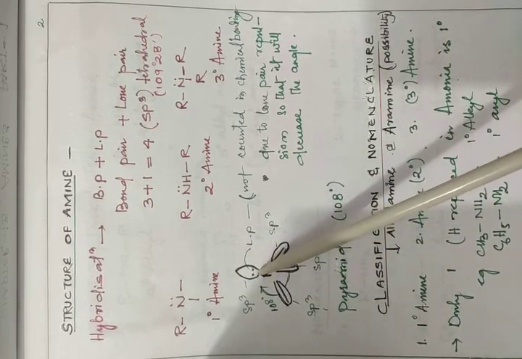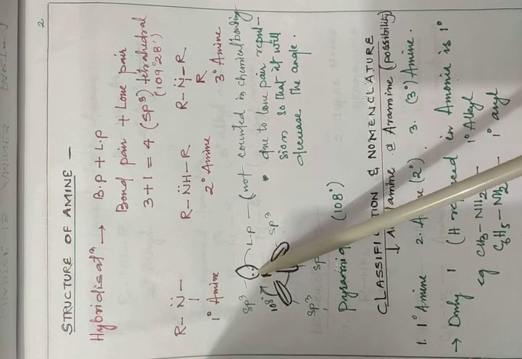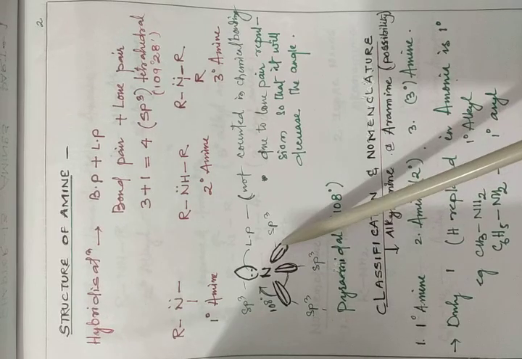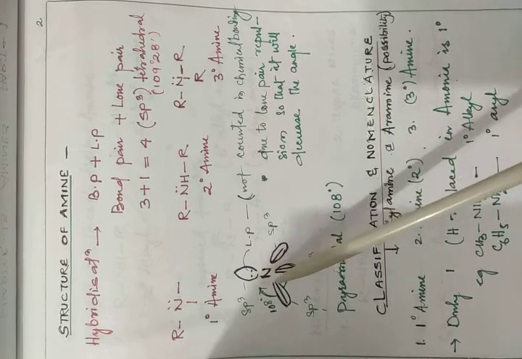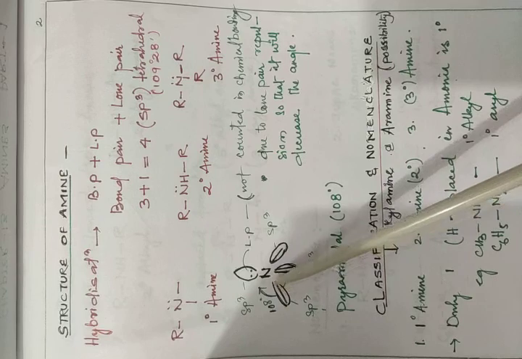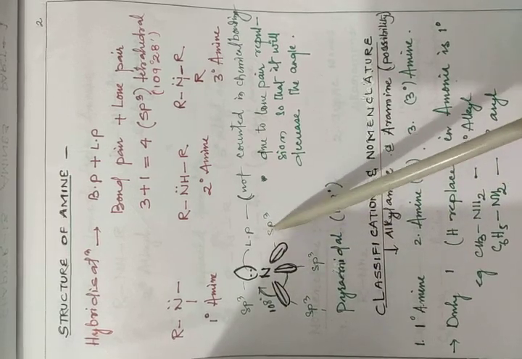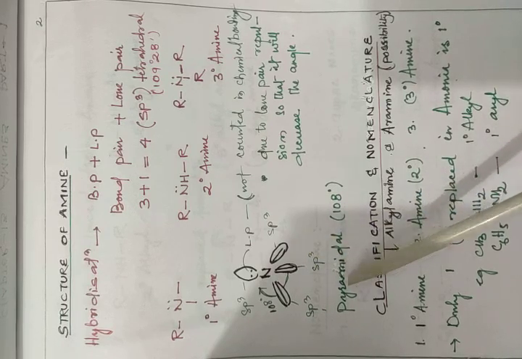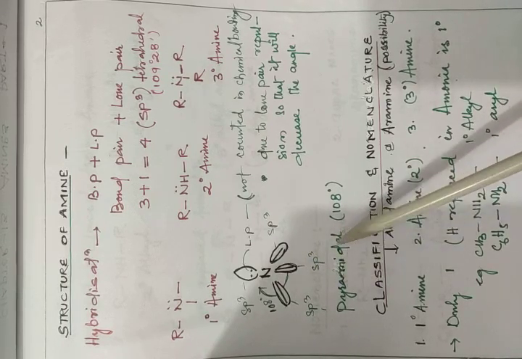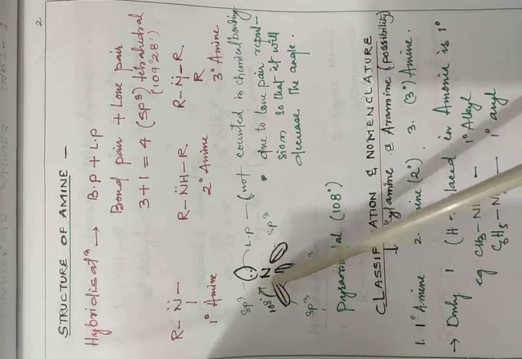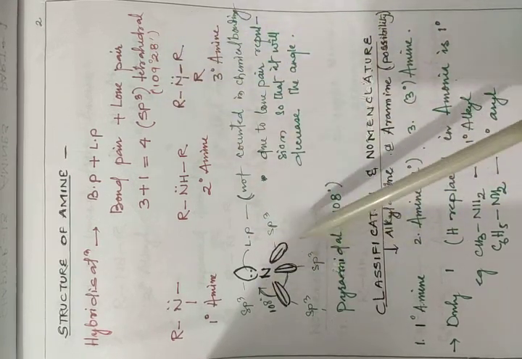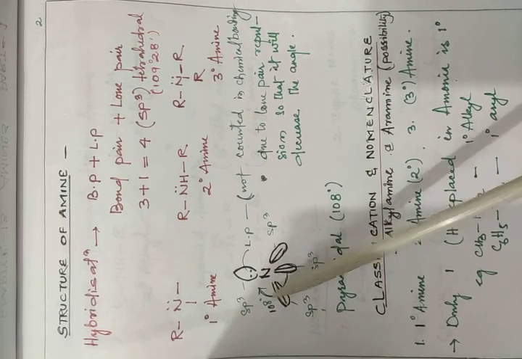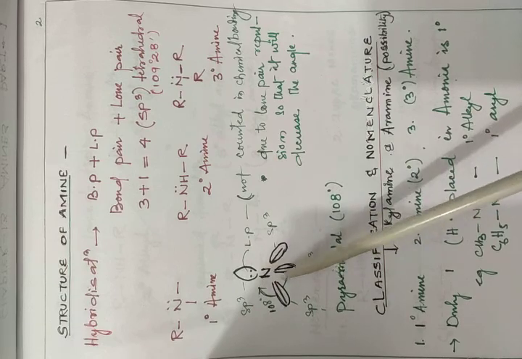Here the nitrogen has 1 lone pair, and 3 bonds are there. This is sp3 hybridized, but the structure is not tetrahedral. The structure of amine is pyramidal, and the angle is less than the tetrahedral angle, about 108 degree 48 minutes.